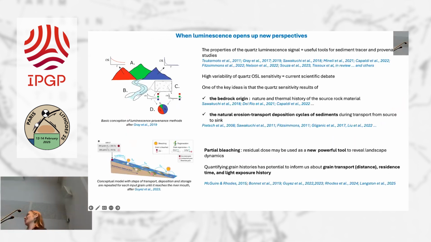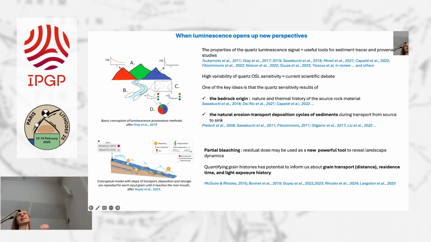Speaking about luminescence, I think luminescence has a lot of new perspectives. I spoke about the OSL sensitivity, and the OSL sensitivity now is a very hot topic of debate in luminescence because it can be used as a sediment tracer, and this is very powerful.